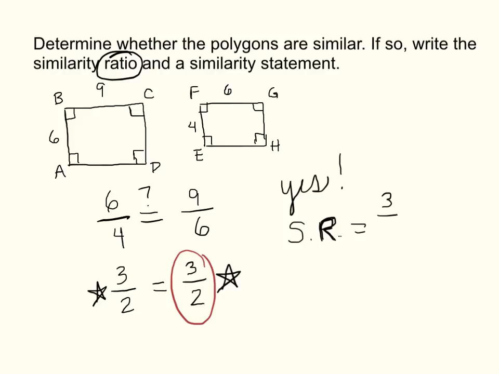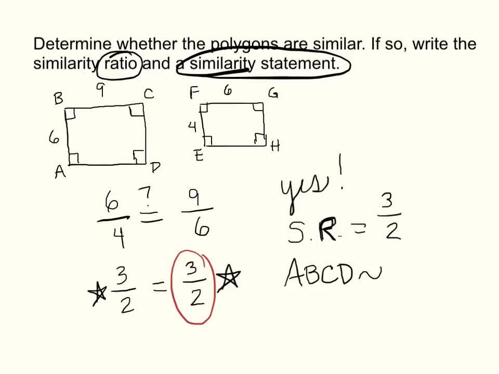Now I'm going to write my similarity statement. That will be ABCD is similar to EFGH. You'll notice that I have corresponded my A to my E, my B to my F, my C to my G, and my D to my H. I made sure to write it in the correct order.